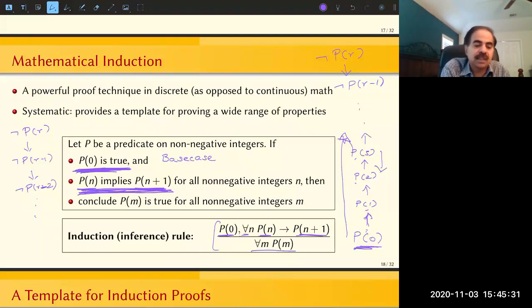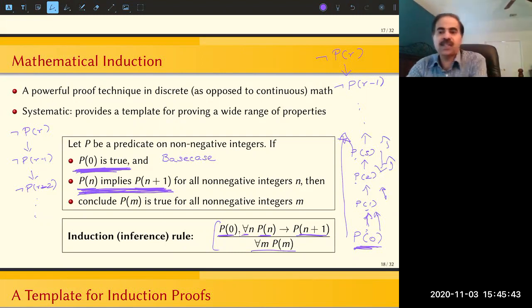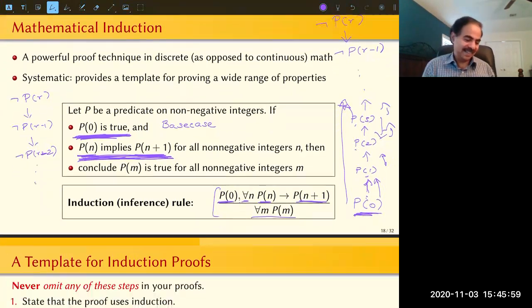Because of this constructive process by which we are able to prove P is true for each and every value of n, okay? Any questions so far? It's too simple, right? Just make it more difficult, and then there'll be more reaction.